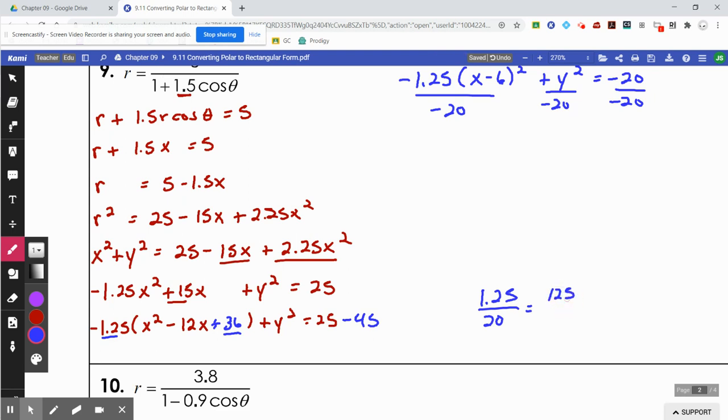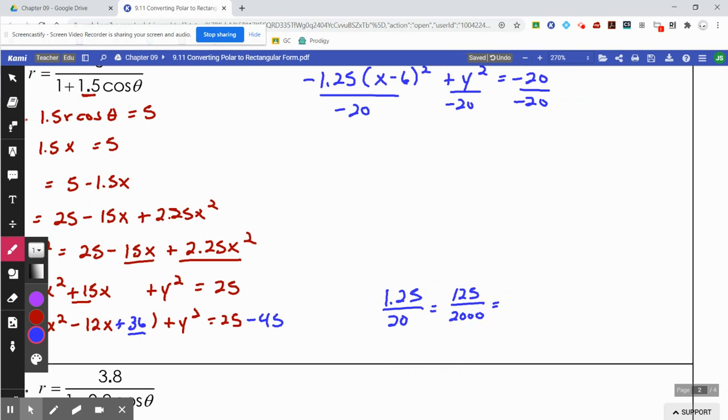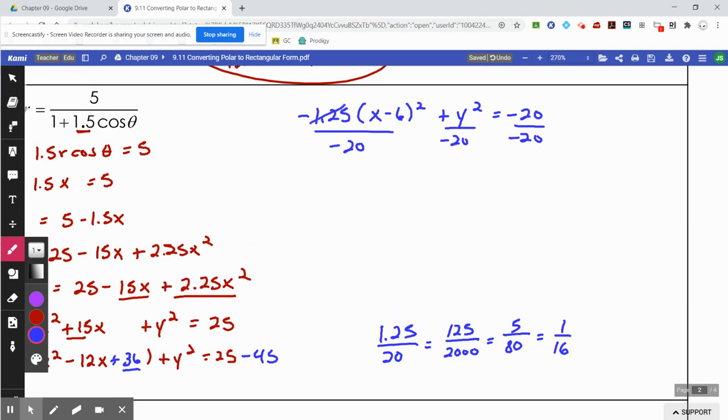That'll be 125 over, move it over twice on the bottom, and that's going to be 2,000. When you reduce that, you can divide top and bottom by 25. That'll be a 5 on top and an 80 on bottom. That reduces to a 1 and a 16. Therefore, a negative over a negative reduces to 1 over 16, which cleans up pretty nice.